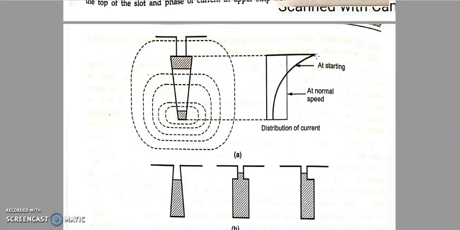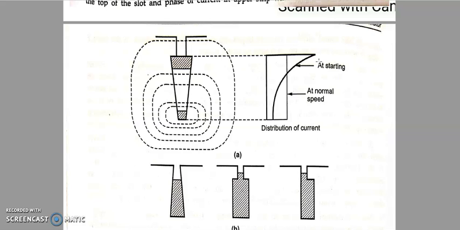Okay, so my question is whether this non-uniform distribution of current will be the same throughout the operation of your squirrel cage induction motor. The answer is no. Let us see what happens later. What is required is that the current should be limited and the starting torque increased only during starting.